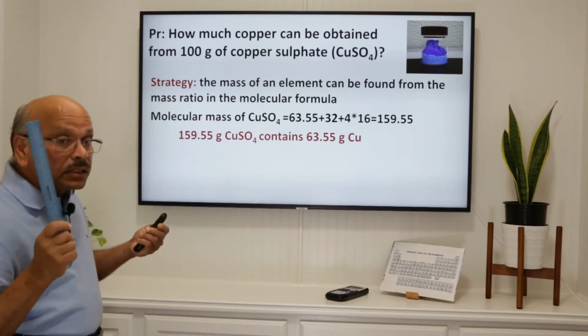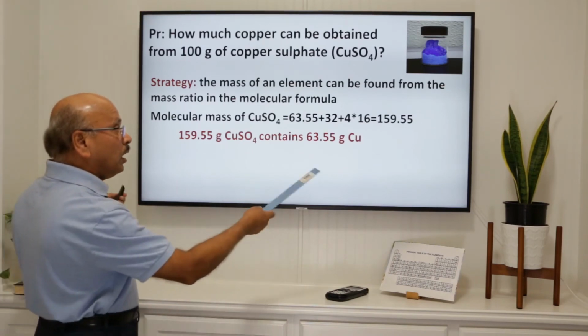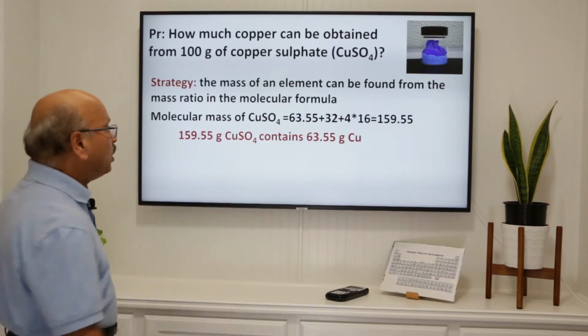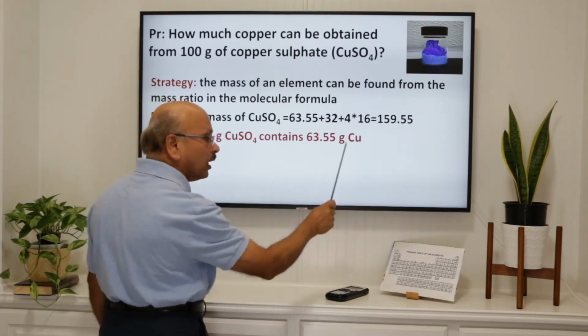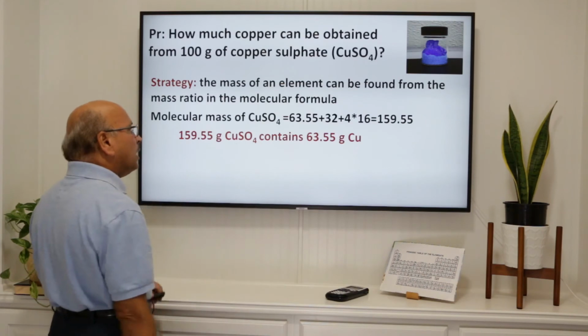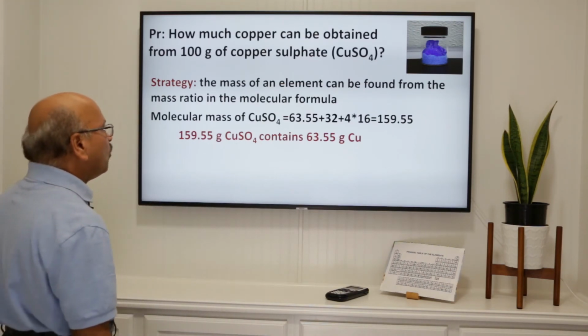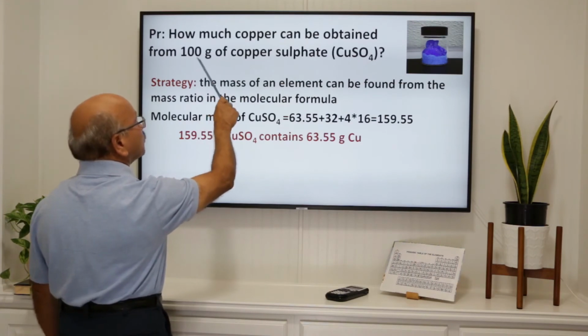You can take that as a ratio, or you can also do it as dimensional analysis. If this much copper sulfate is equivalent to 63.55, then you can use a conversion factor where you start with the 100 grams of copper sulfate.